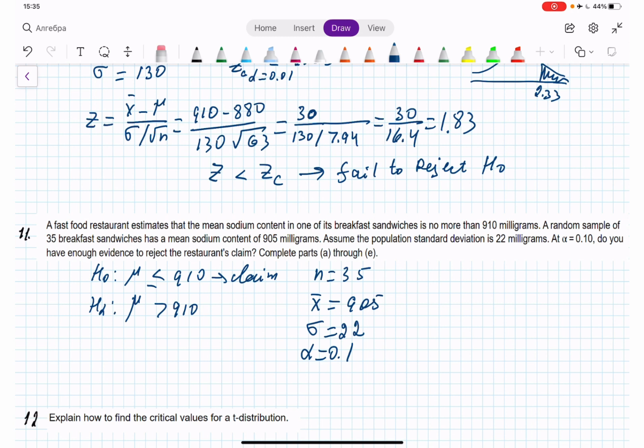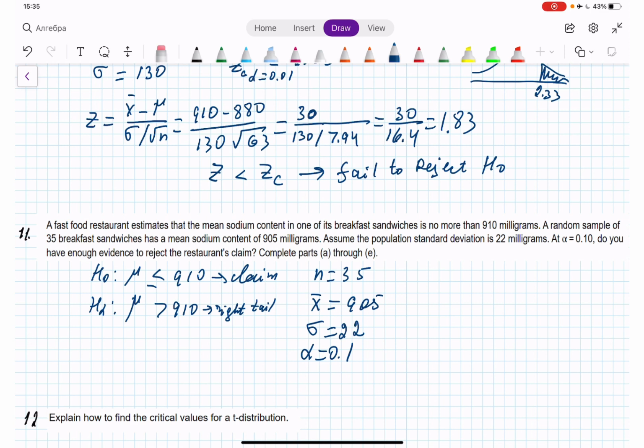Okay, let's go. Here we have the hypothesis test, I already built it. Now we need to identify the critical value. As you know, we identify the critical value through alpha. We have right tail, so we can find z critical using our alpha 0.1.